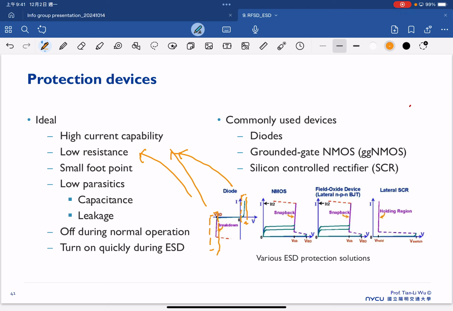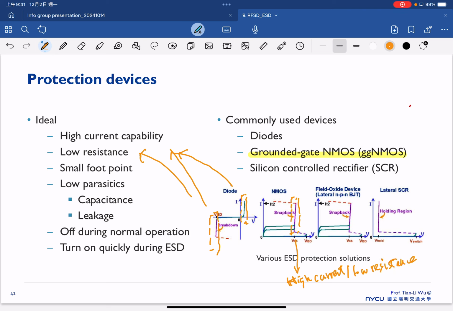We also have some additional devices, for example the ground gate NMOS. Once we use a ground gate NMOS here, we can also have this snapback characteristic, and we want to leverage this part to let the current go through. This also provides us high current, and of course that means low resistance.